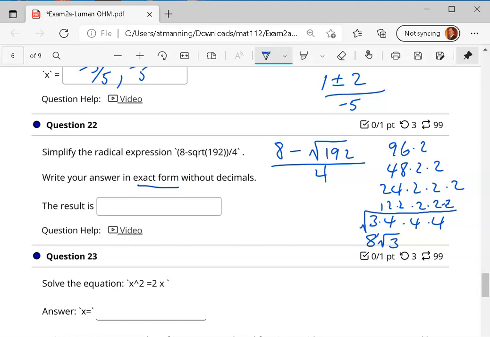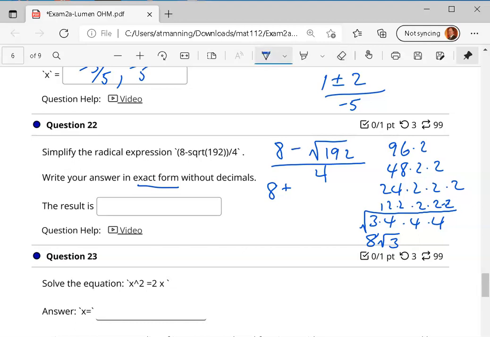All to say that this is 8 plus or minus, actually, no, they just said give us the 8 minus part. Forgot that they were asking something different than what we're doing with the quadratic. It's just 8 minus the square root of 192 over 4.